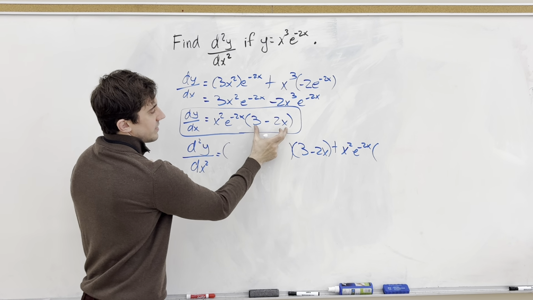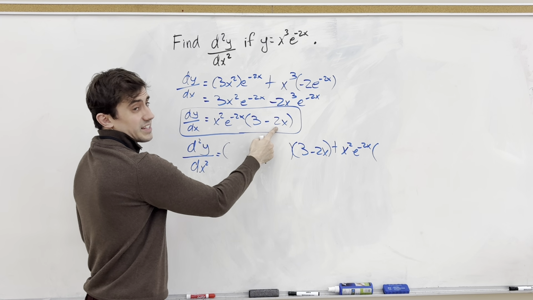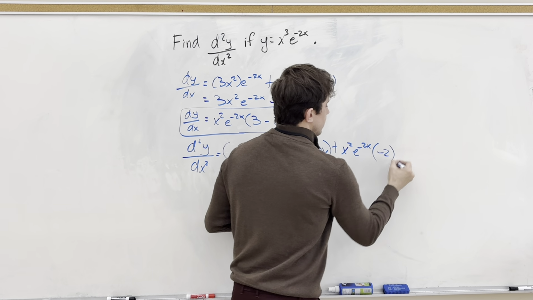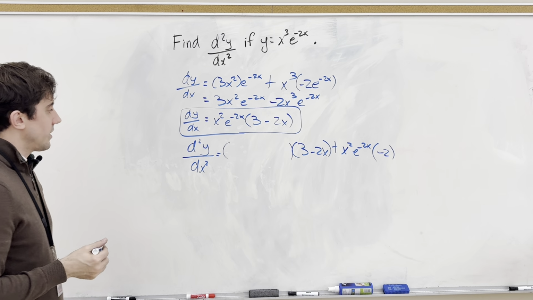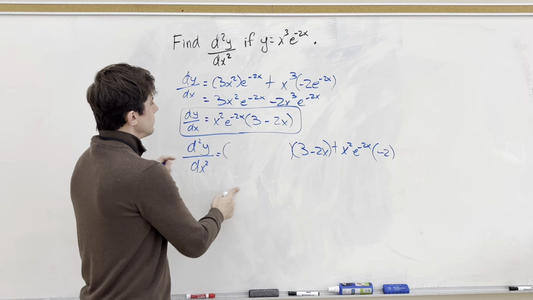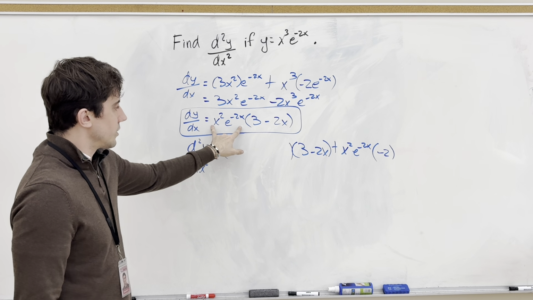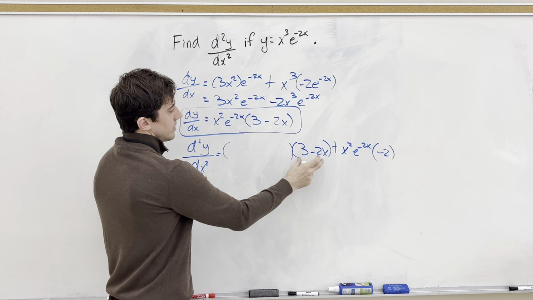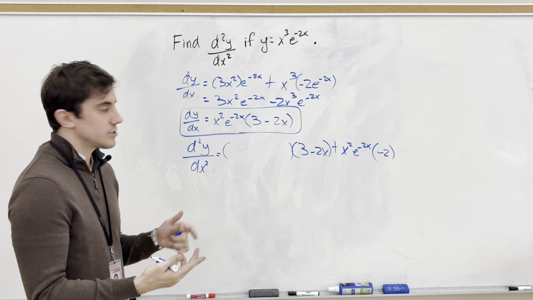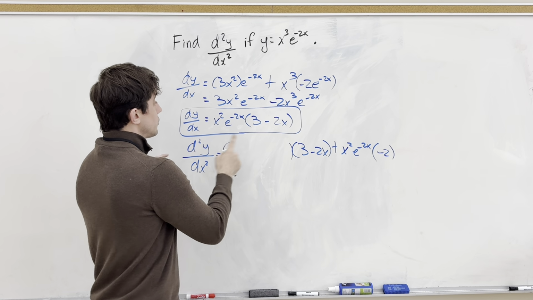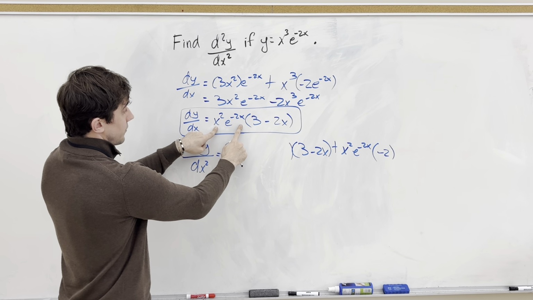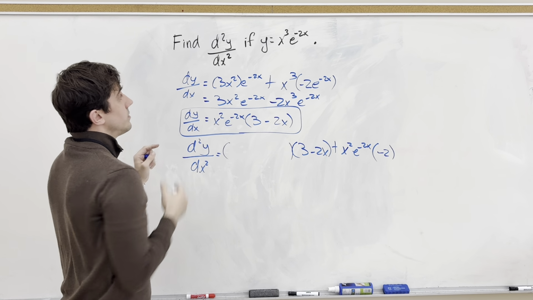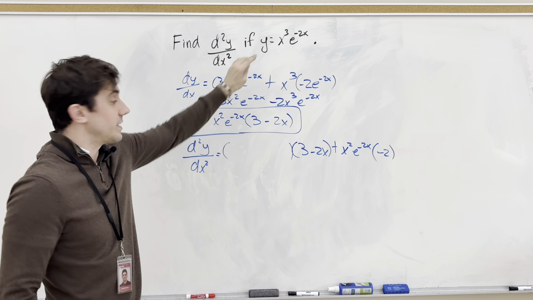The derivative of this expression in the bracket is just negative 2. And so that's going to be a piece of cake. So all we really have to do is the derivative of this first bit. In the product rule again, derivative of the first part times the second part, so on and so forth. So we're going to have to use the product rule in and of itself just for this first part, very similar to what we did in the beginning.